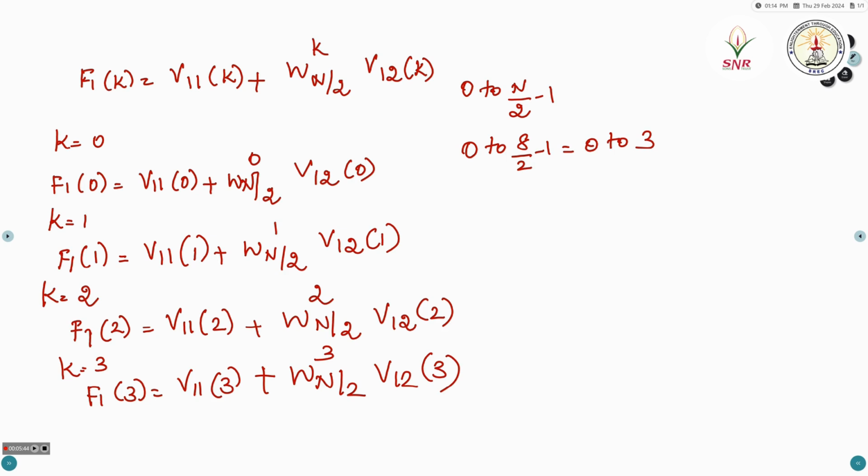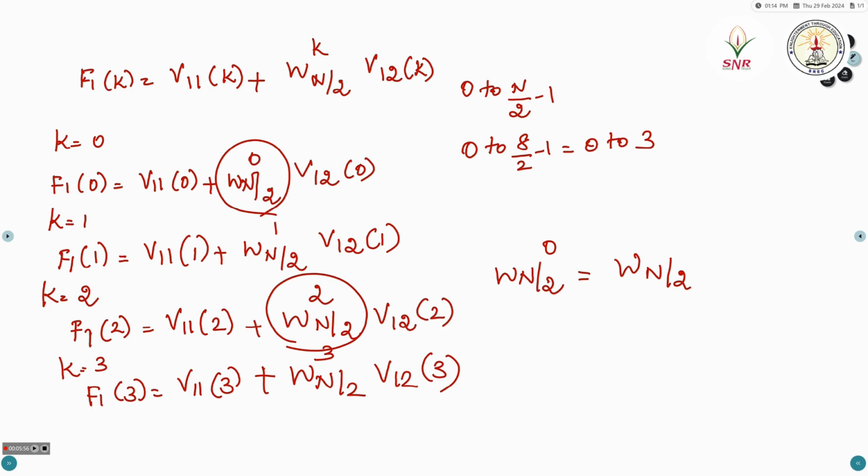By using the symmetry property of DFT, we equate W n by 2 power 2 to minus W n by 2 power 0.